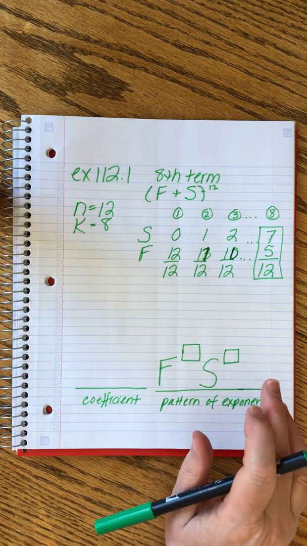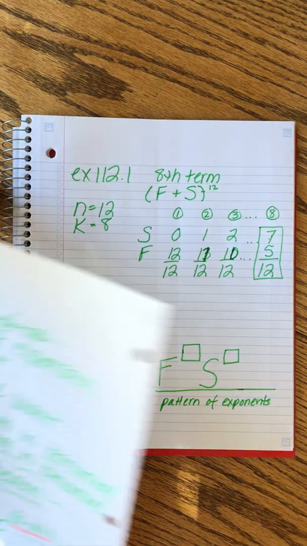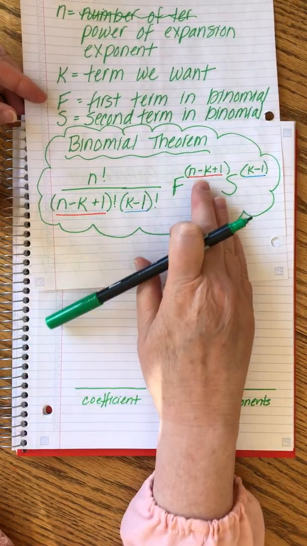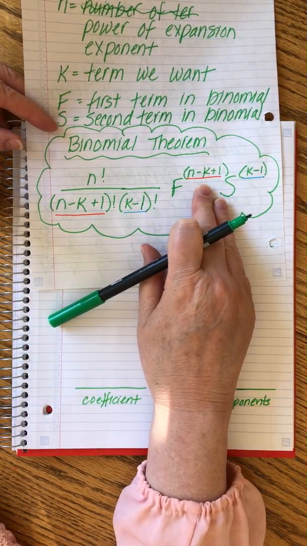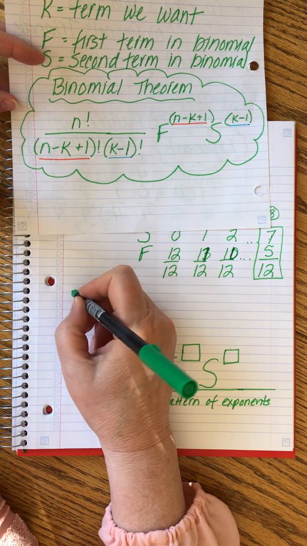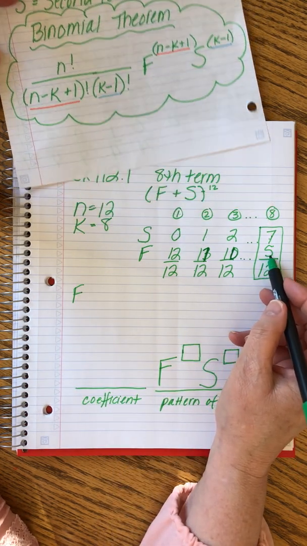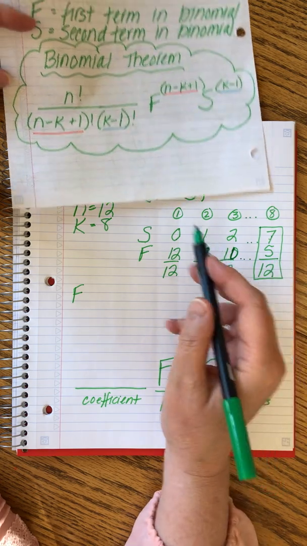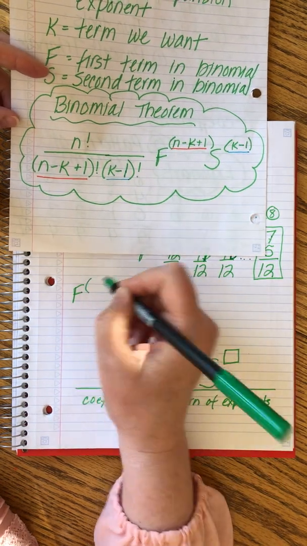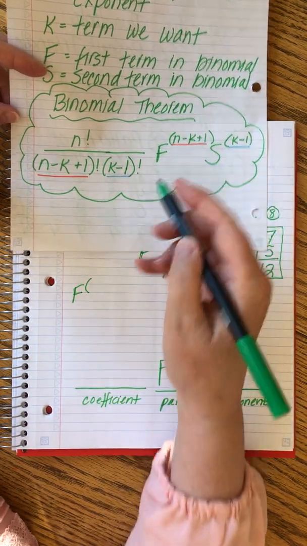But let's indulge this binomial theorem thing, and let's try finding them like this. So we would say that f, which we know should have an exponent of 5 on it, is going to be raised to the power of n minus k plus 1.